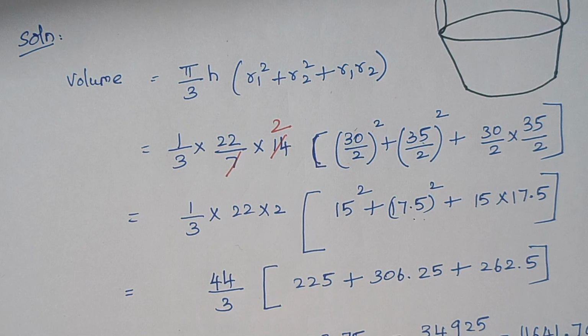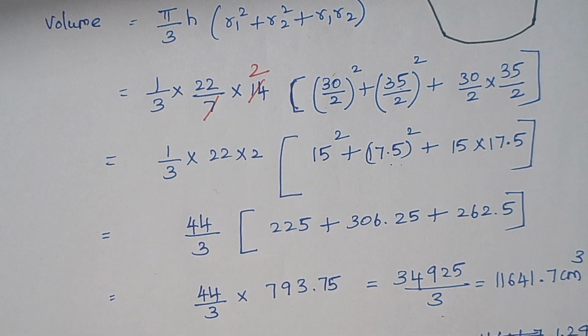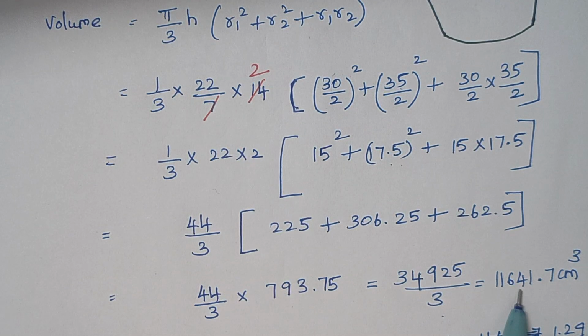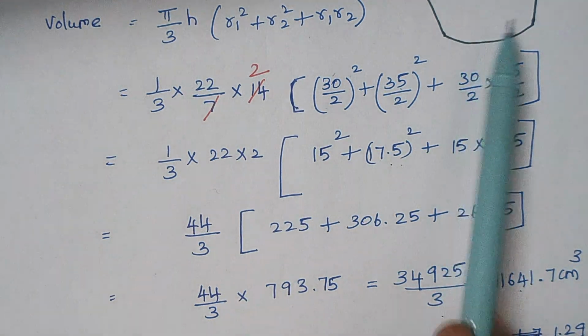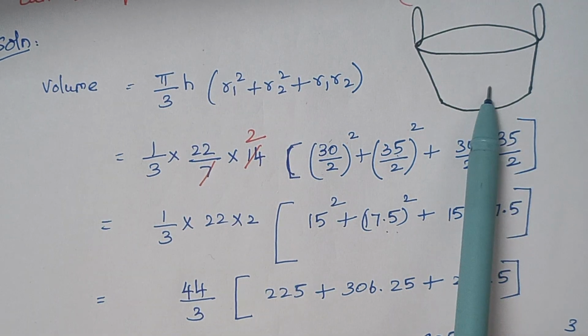So 44 by 3 and 15 square is 225. 17.5 square is 306.25. And when you multiply, here we get 262.5. So again when you add, here comes the answer, and again you multiply, and when you multiply by 44 and divide it by 3, the final answer is 11641.7 centimeter cube. So this is the volume of the frustum of the cone, or volume of the container that is used for storing the molasses.